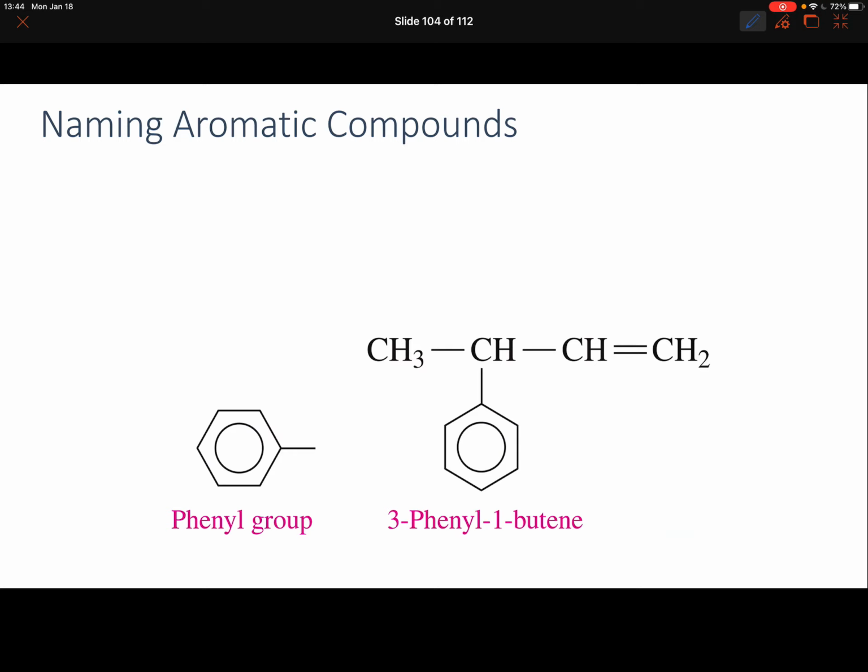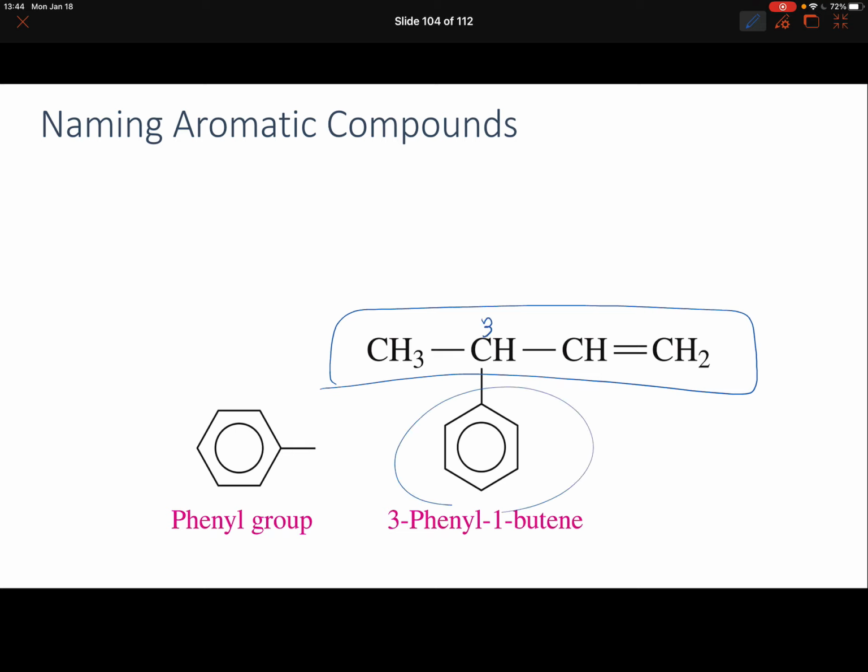And some common names are even allowed by IUPAC rules. So in common names, when a benzene ring is a substituent, it's called phenyl. So here, this is the main compound, 1-butene, and on the number 3 carbon, there's a benzene as a substituent. We don't call benzenes benzyls like you might expect us to call them. Like a methane becomes a methyl, and an ethane's an ethyl.